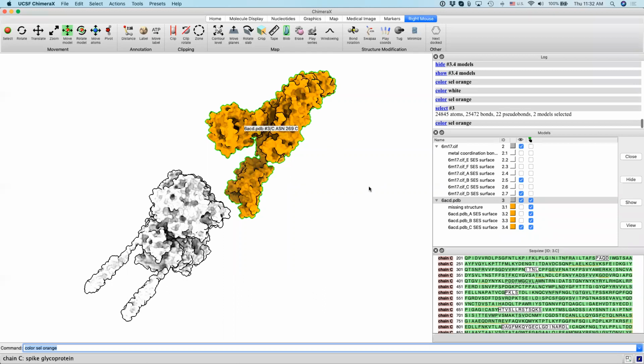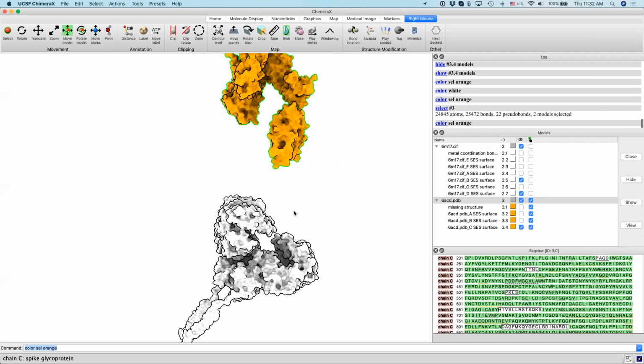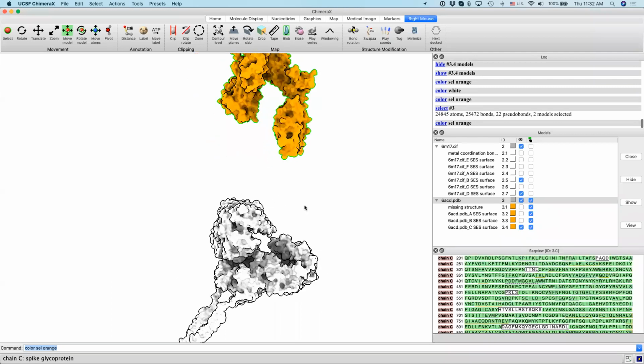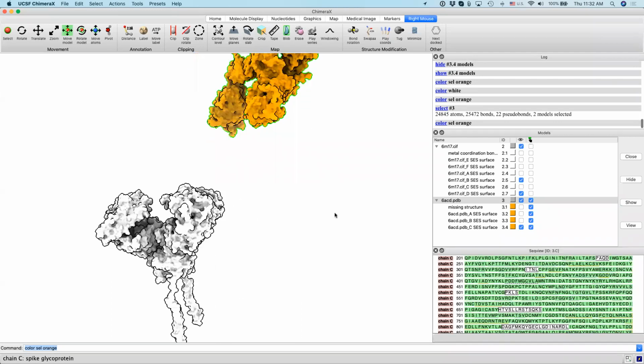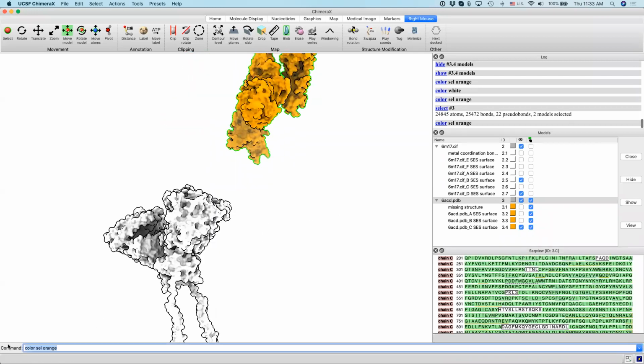Okay, so I load the two models. I don't know exactly how they align to each other, and I want to understand how they align. So what I do is I type here match. I want to take just the matching sequences, not all of these models.